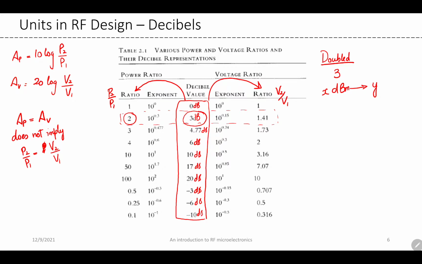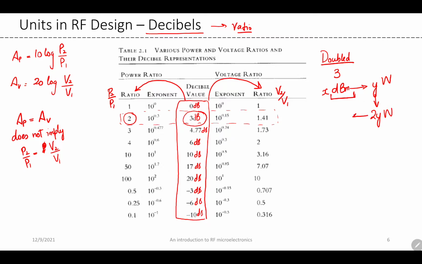You should remember we talked about decibels, but these are just ratios, right? These are not units for power. These are units for power ratios or voltage ratios. We do not talk about units for power itself. There is a unit for that, and it's dBm. We'll talk about it in the next slide. Now, for example, you have a power level of X dBm, which corresponds to, say, a power level of Y watts. What happens if Y watts becomes 2Y watts?